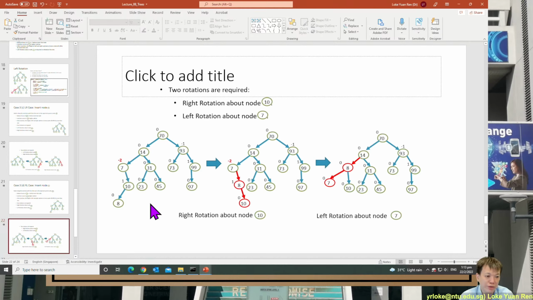So that's why I only ask you to do the right rotation and left rotation. You need to know how to calculate the height and how to calculate the balance factor. I think this element may be useful to solve other problems in the future. But memorizing the whole algorithm and its implementation, you may find there is no point to do so. So you need to know what you need to learn. Don't spend time learning the wrong things.